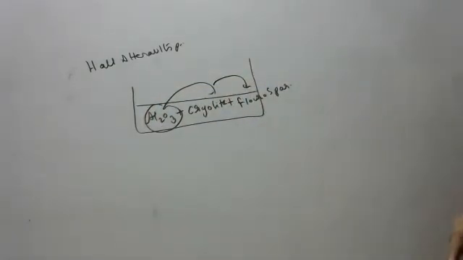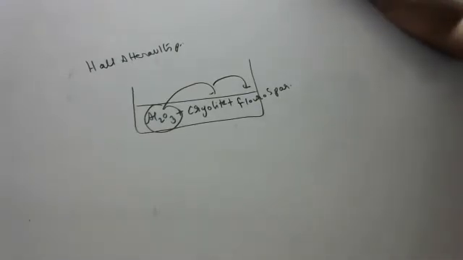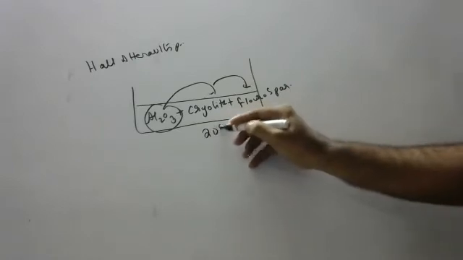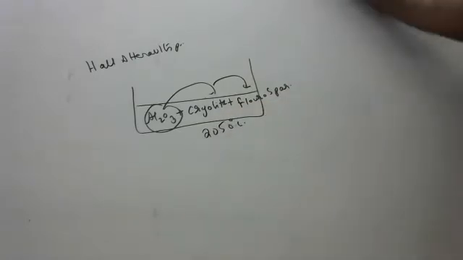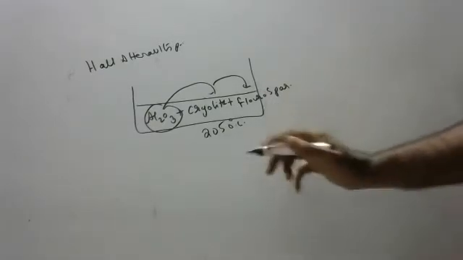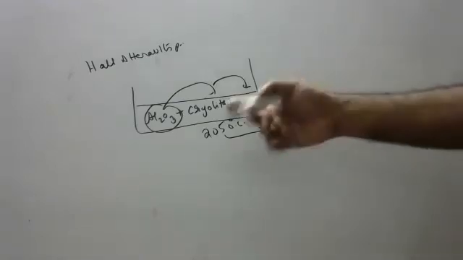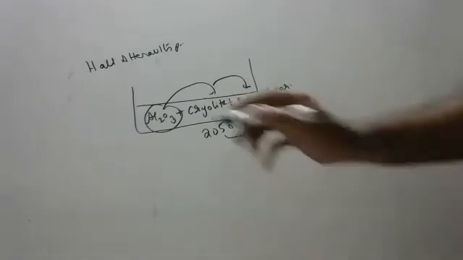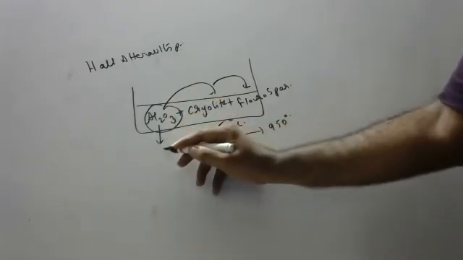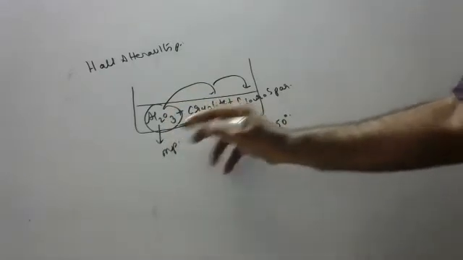The temperature at which this alumina melts is approximately 2050 degrees centigrade. What cryolite will do is lower the temperature from 2050 to 950 degrees and also increase the conductivity. Try to understand. Aluminum oxide melting point is 2050.